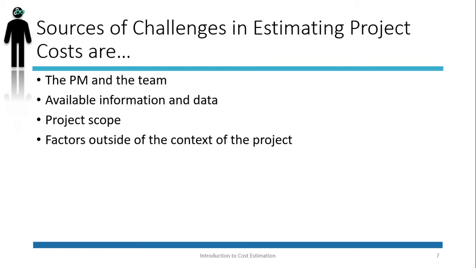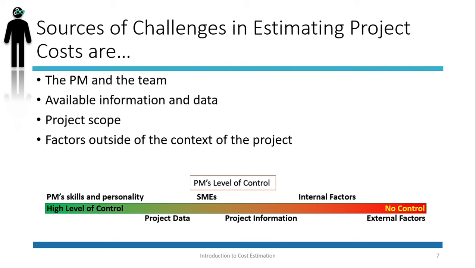The other source includes factors that are outside of the context of the project. These include factors outside of the project, but internal to the organization, such as priorities, funding, decisions of the senior management, etc. And also factors completely outside of the organizational control, such as inflation rate, foreign exchange rate, political and legal requirements, and etc. As we go down this list, the PM's level of control reduces, and PM will have less and less control over these items.